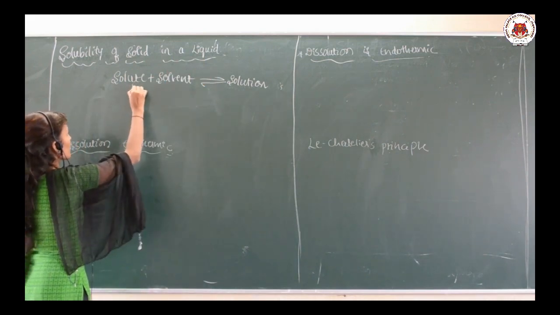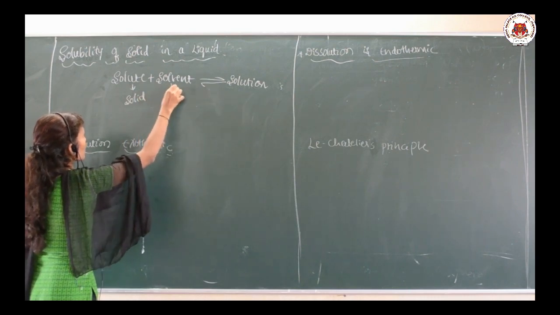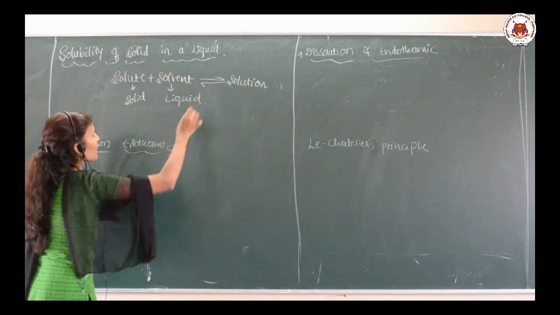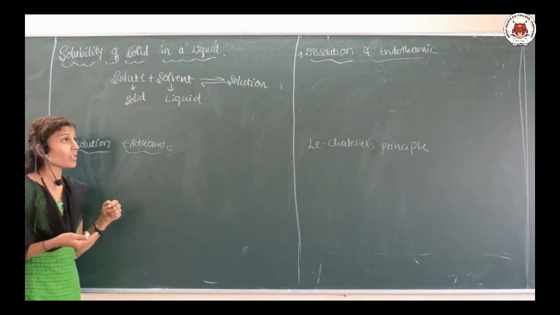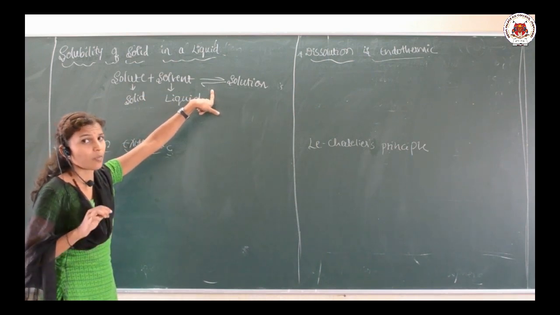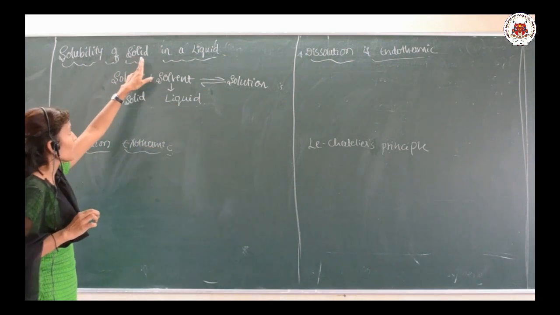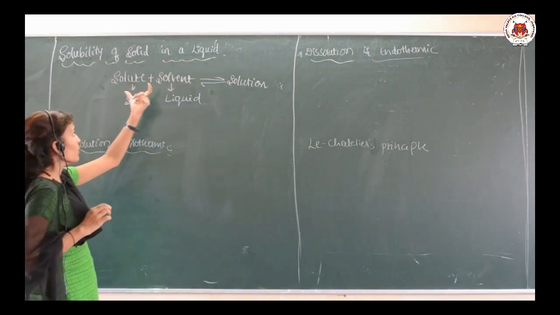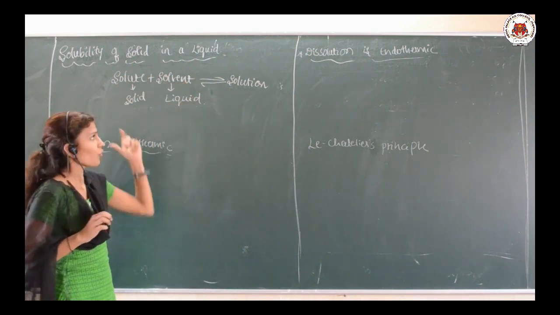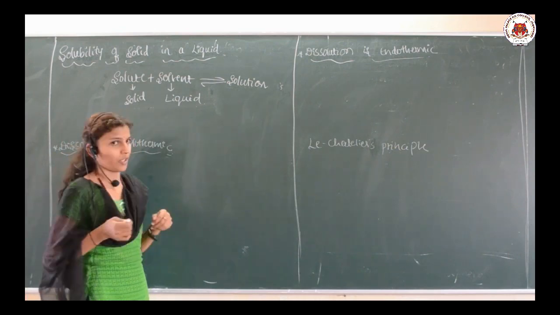The solute is solid and the solvent is liquid. As I said in the last class, dynamic equilibrium condition will be there. So when these two combine with each other, they give rise to a solution.